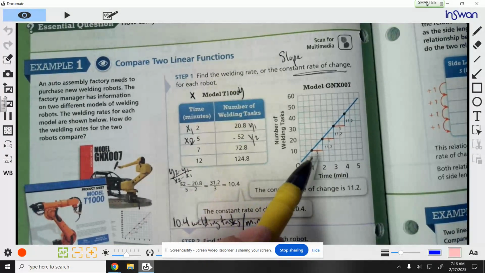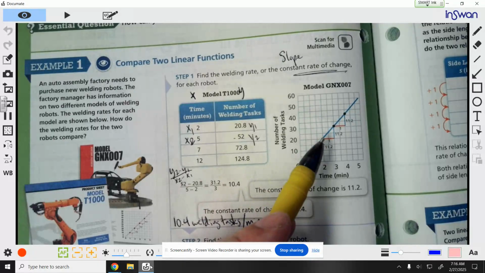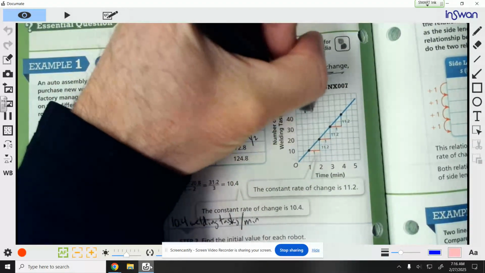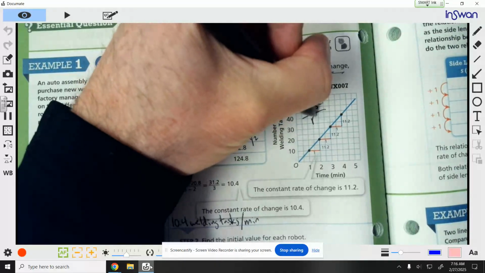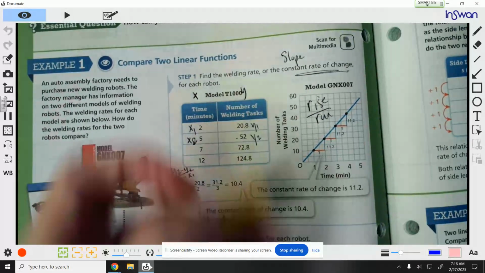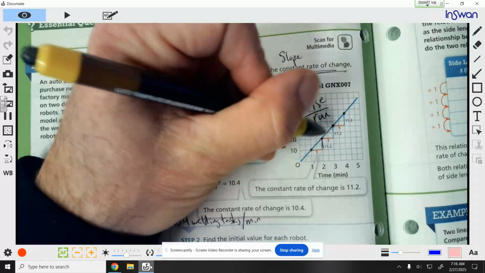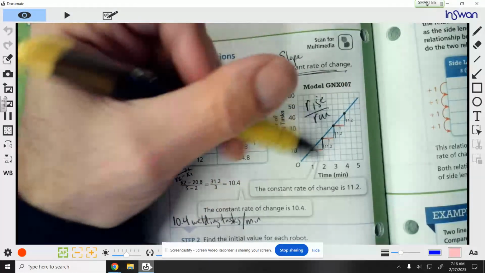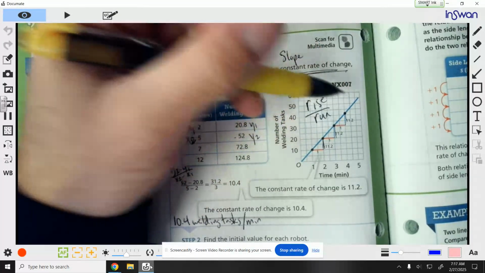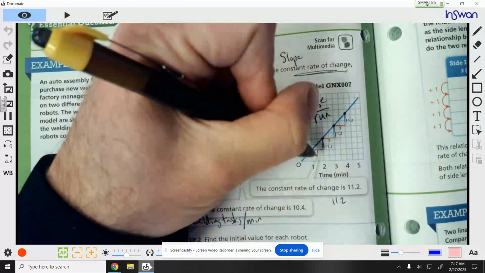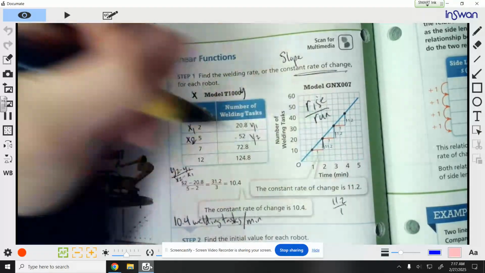And they've actually gone ahead and put the step intervals in here. So this probably reminds you a little bit of rise over run, another way to figure out our slope or our rate of change. So the rise we see is constant. We know it's constant because it's a straight line. But the rise is 11.2 over the run, 1.